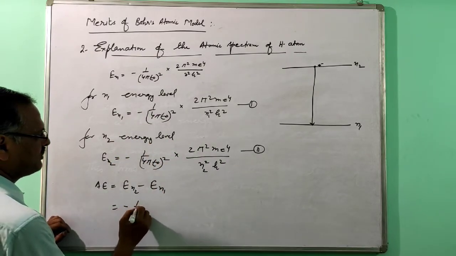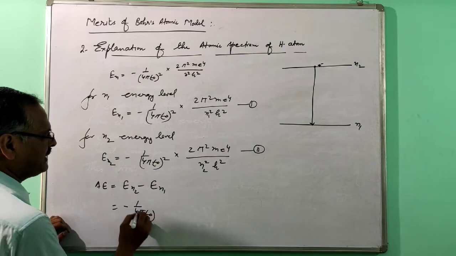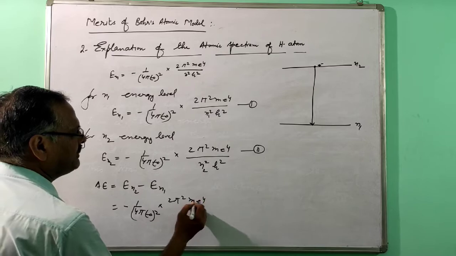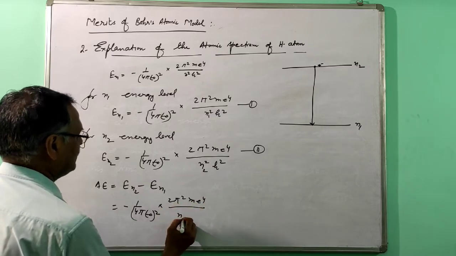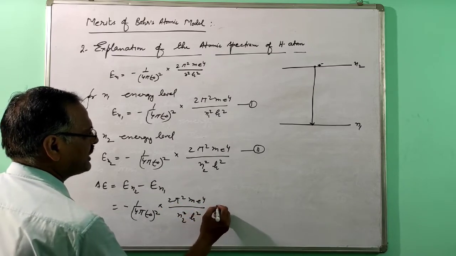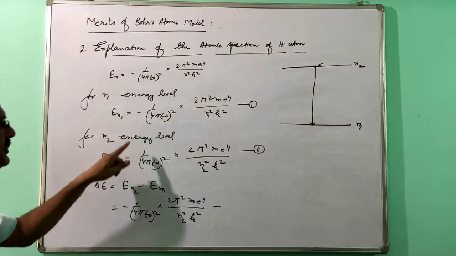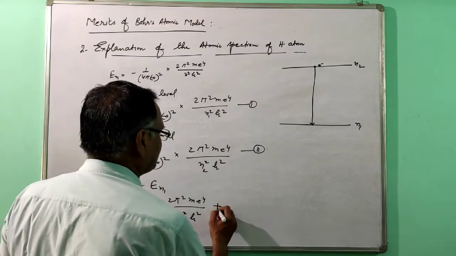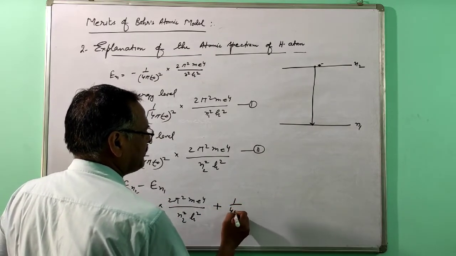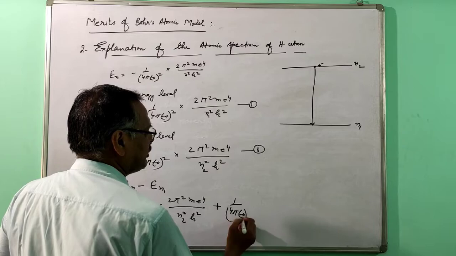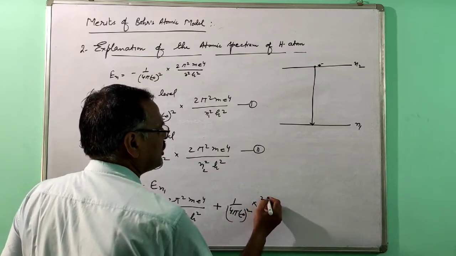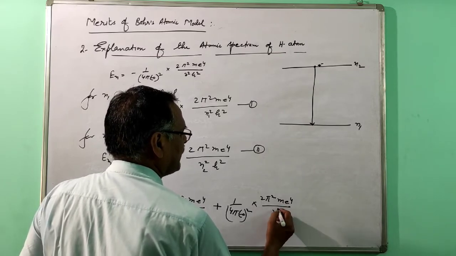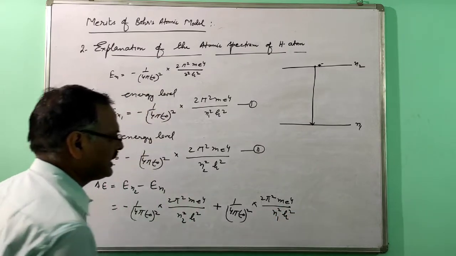So minus 1 upon 4 pi epsilon naught whole square into 2 pi square m e to the power 4 upon n2 square h square, minus, and since En1 is negative, it becomes positive: 1 upon 4 pi epsilon naught whole square into 2 pi square m e to the power 4 upon n1 square h square.